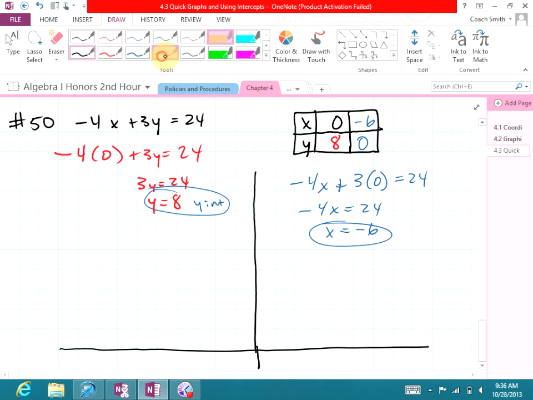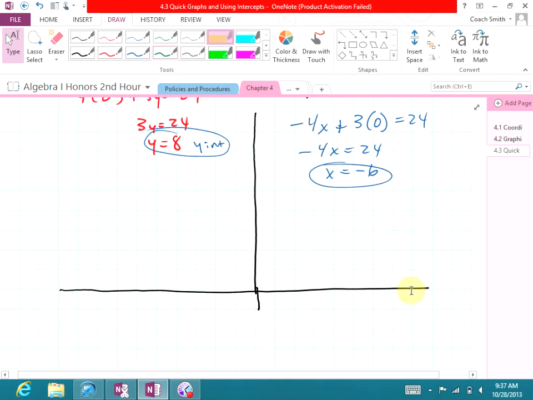Like I've said in the past, draw your graphs like that. You don't have to draw all 4 quadrants. If it doesn't fall in all 4 quadrants, then there's no need to draw all 4. With this, they're obviously not going to fall in all 4 quadrants. There's a y-axis point, which is positive, so I need to draw the positive part of the y-axis, and there is an x-intercept, which is negative, and so I really don't even need this part over here.